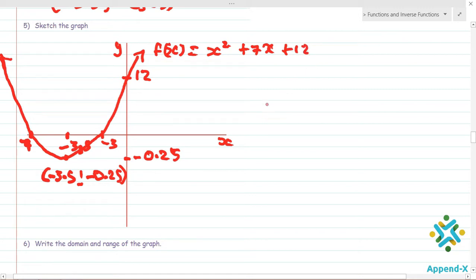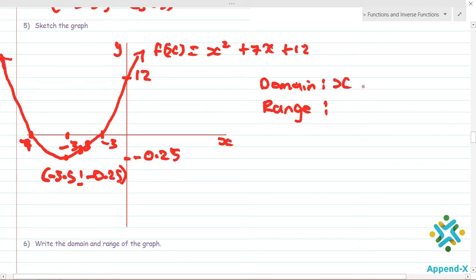Now the next thing to do is to write down the domain and range of the graph. We will write the domain here and the range here. The domain is the x values of the graph. As you can see, the x values stretch from negative infinity to positive infinity.